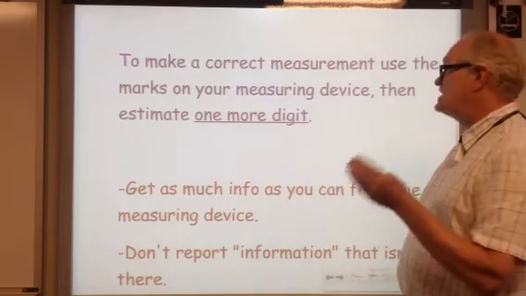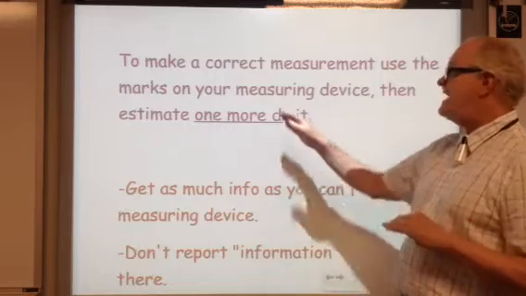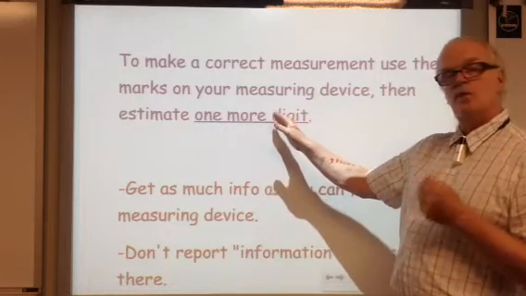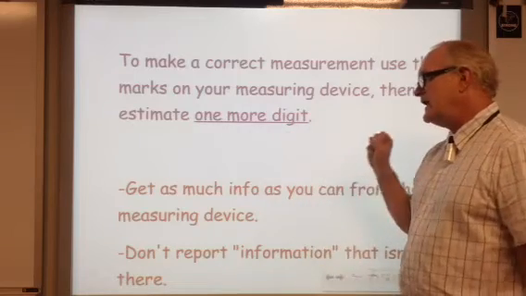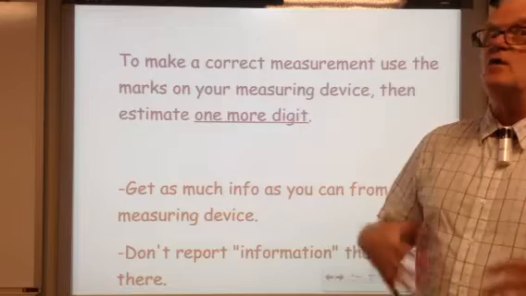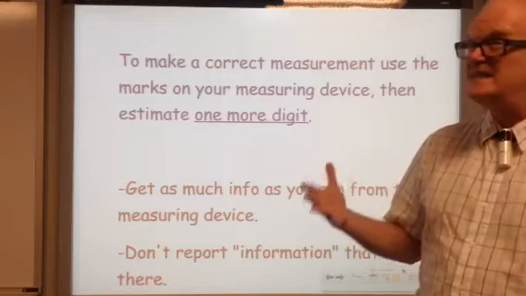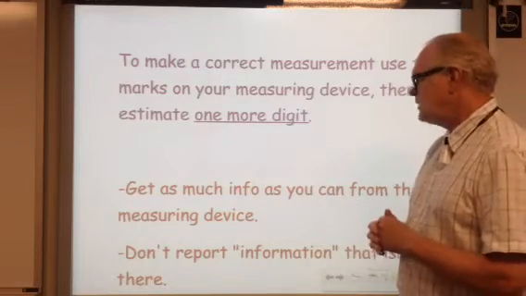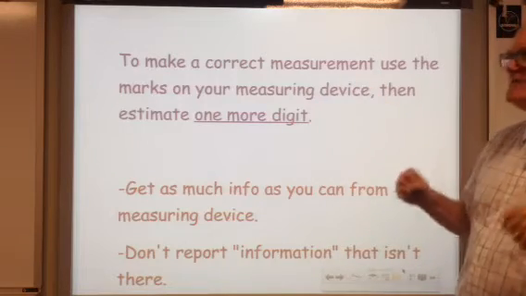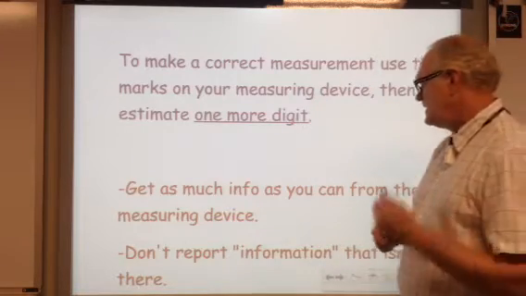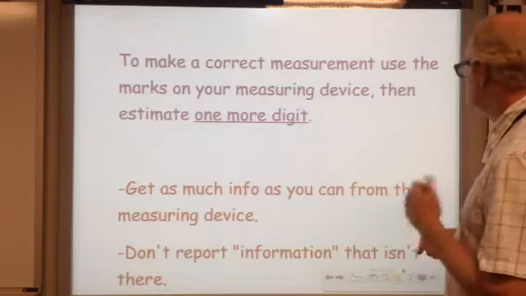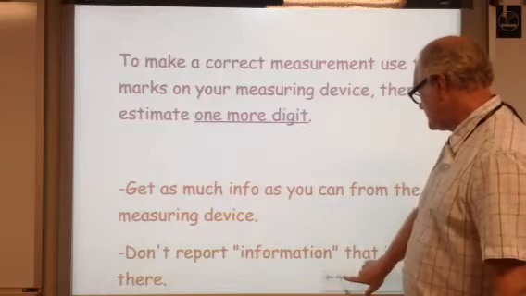So we can't go any farther than using the marks and one more estimated digit. We want to get as much information as possible, but we want to be sure that we don't put in information that really isn't true based on what we see from our measuring device. So doing it in this way helps us get the right amount of information and to use whatever we're using to measure to get the correct information.